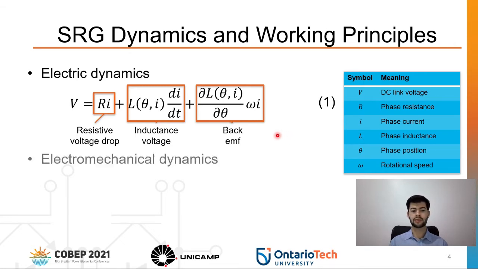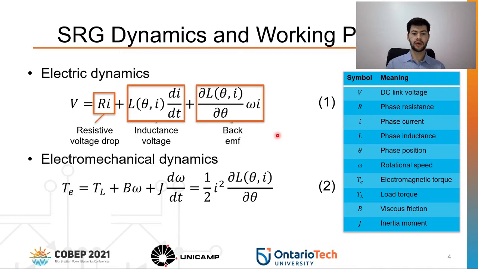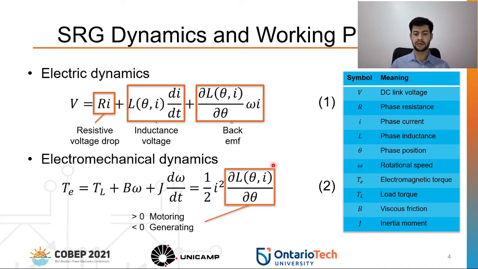About the electromechanical dynamics, we have equation 2. And if we consider that there is no commutation, we can describe the torque as the last part of equation 2, in which we can see a quadratic relation with the current, meaning that independently of the current's direction, the torque will be produced in the same direction.